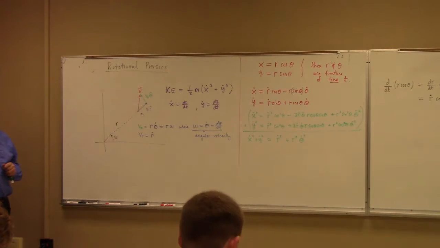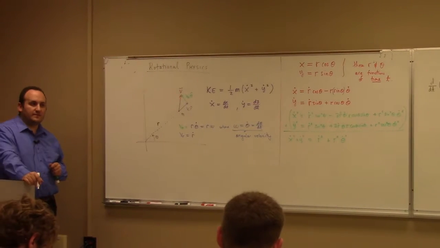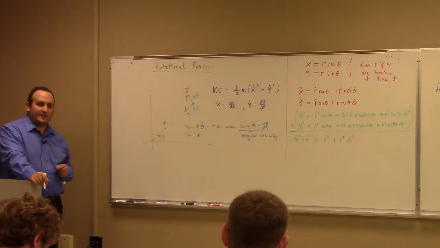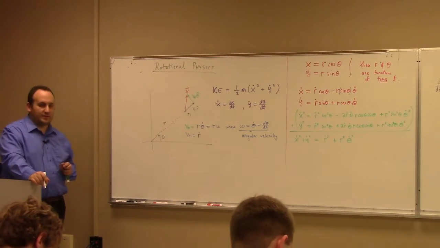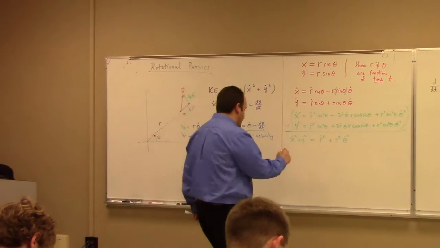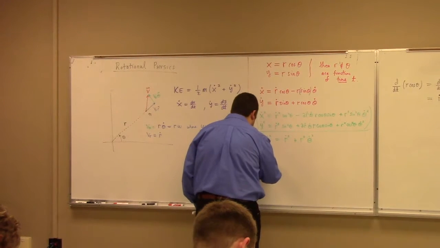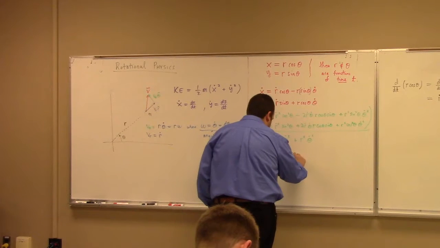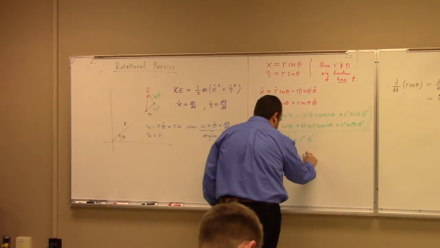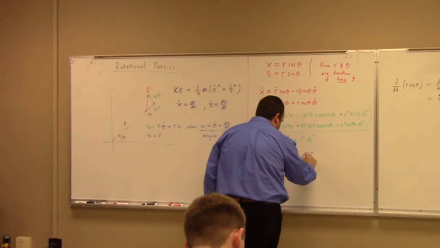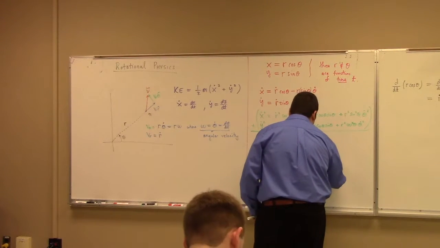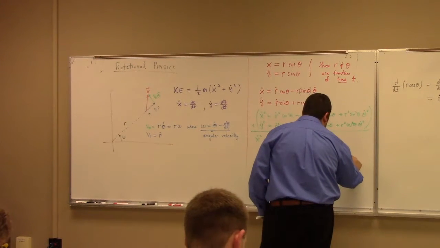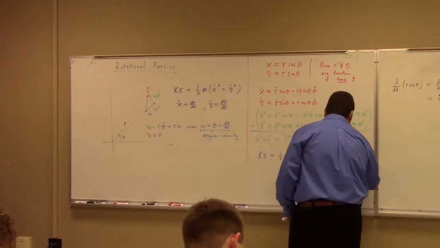So if we go back to the question of kinetic energy, what's happened here? If we want to understand the kinetic energy of a particle moving in the plane in terms of its radial and angular motion, what do we have? By our above calculation, it's one half m r dot squared plus one half m r squared theta dot squared.